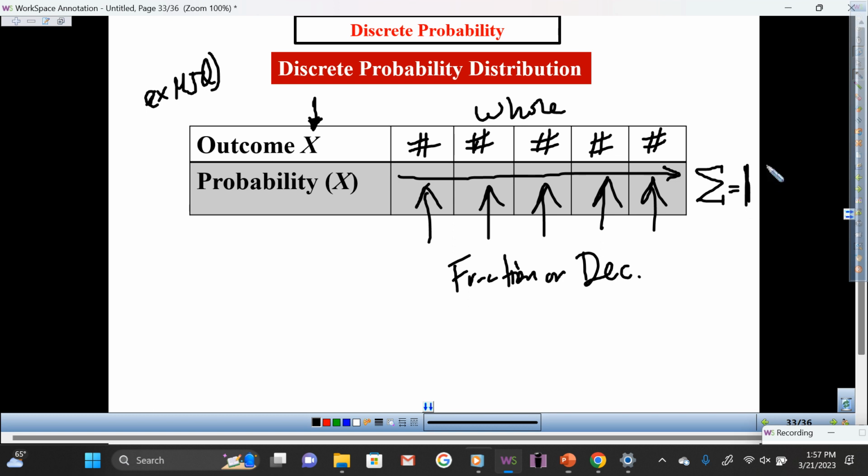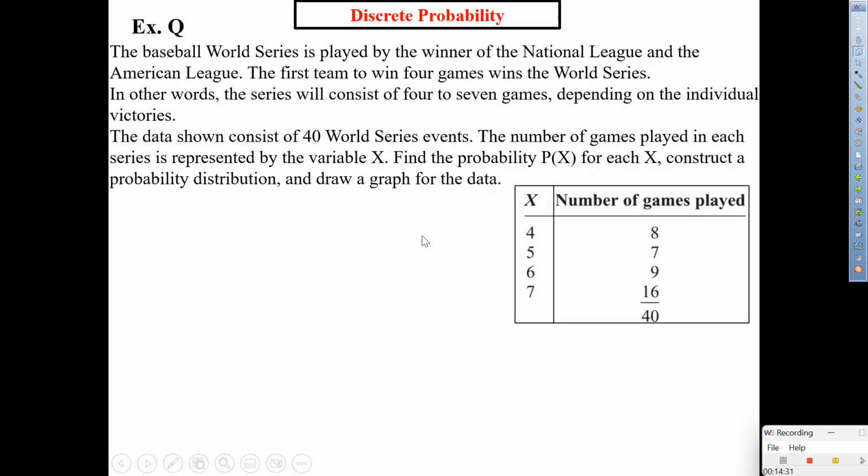All right, here we go. Example Q. Let's copy this table that they give us, and I'm going to read the problem in the meantime. The Baseball World Series is played by the winner of the National League and the American League. The first team to win 4 games wins the World Series.